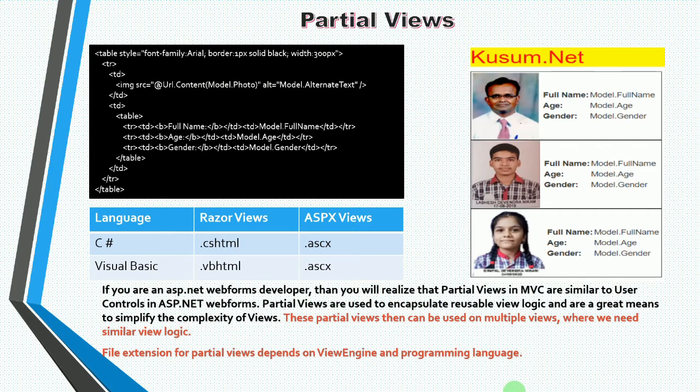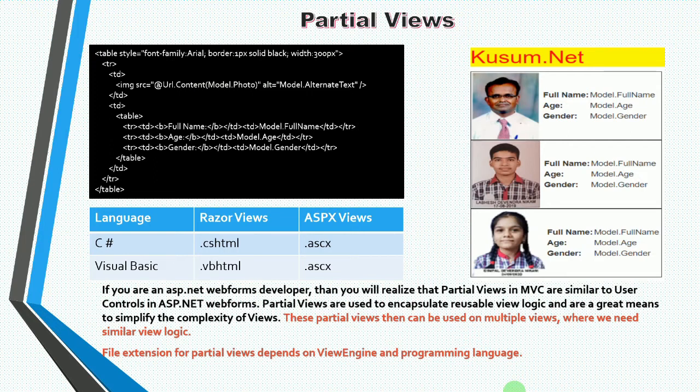So these partial views are very similar to ASP.NET .ascx files. If you are an ASP.NET Web Forms developer, then you will realize that partial views in MVC are similar to user controls in ASP.NET Web Forms.